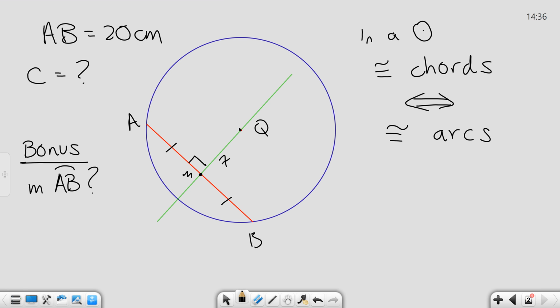We're going to do Q to A or B, whichever one, and then do the Pythagorean theorem to find Q to A. See? C squared equals 139. C equals 12.2.